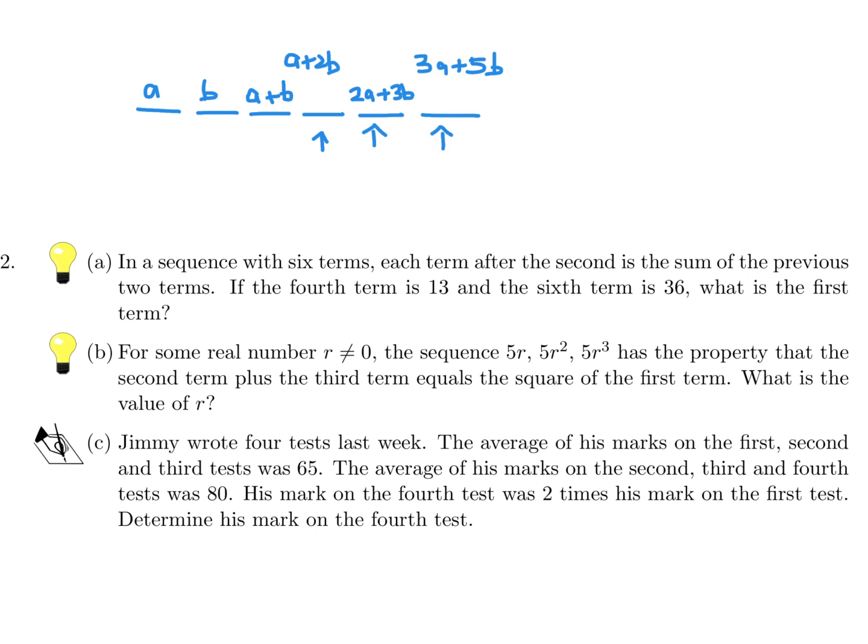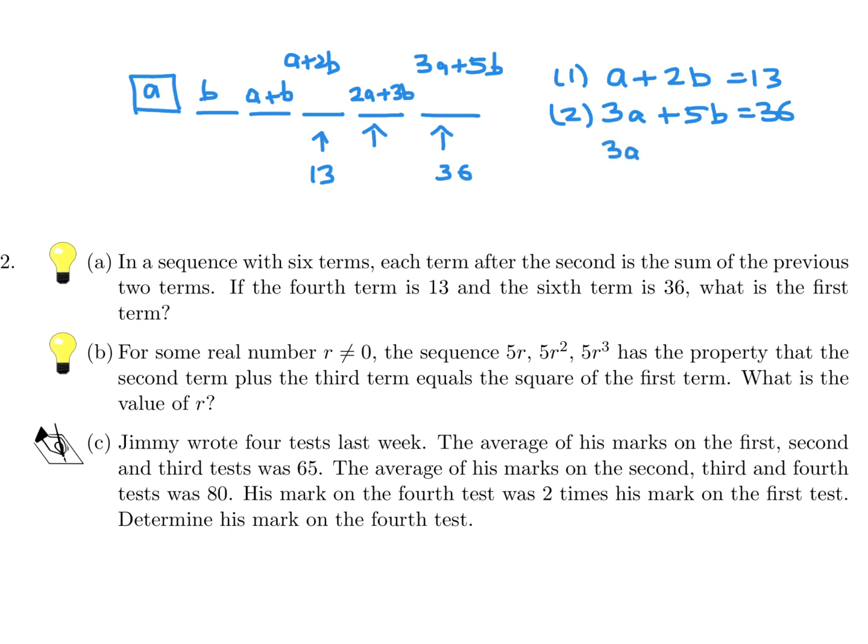So we are given the fourth term, which is this one, and the sixth term. So from that, we get the equations A plus 2B is 13, and 3A plus 5B is 36. And now we just have to solve those. What are they asking us for? The first term. So they want us to figure out A. I guess if I take the first equation and multiply it by 3, that'll make it 3A plus 6B is 39.